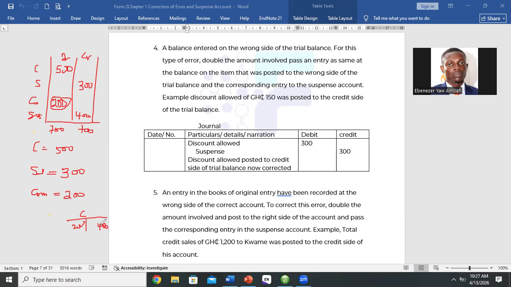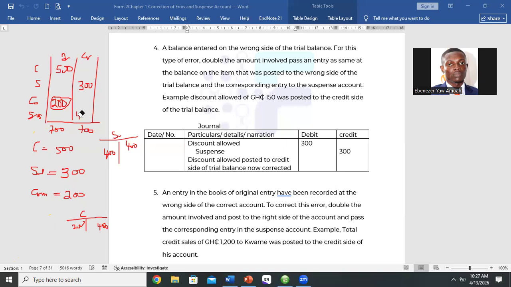The corresponding entry will be 400 debited to the suspense account, which was keeping the 400 difference at the credit side. So we will debit suspense 400 and credit commission 400. When we do that, the suspense account will go off to 0.